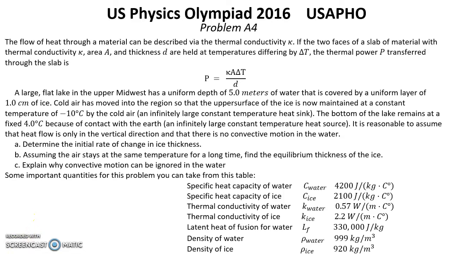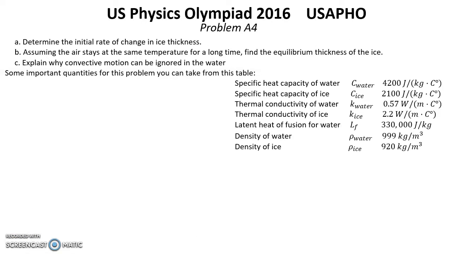Solution. Solution for question A. Determine the initial rate of change in ice thickness. First, on the border of water and ice, the temperature must be equal to 0 degrees Celsius.